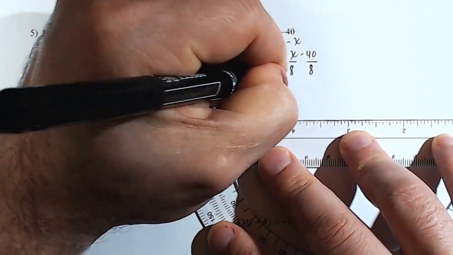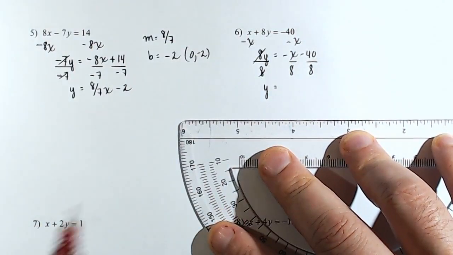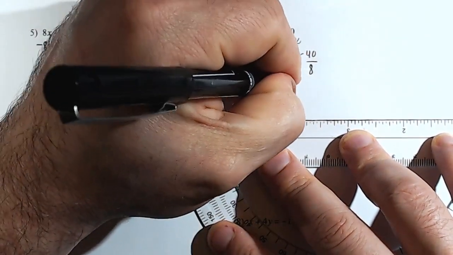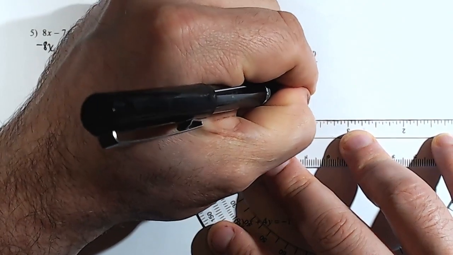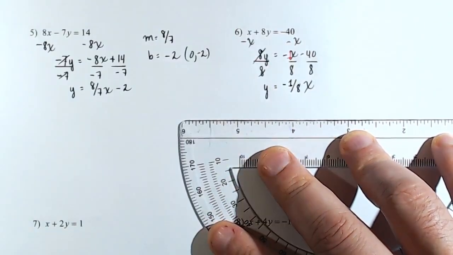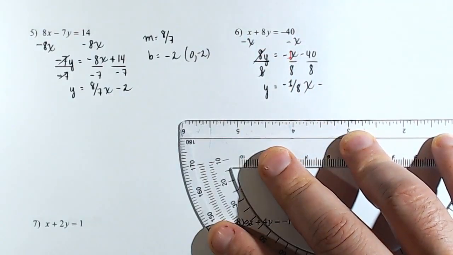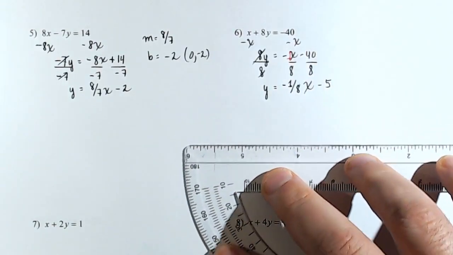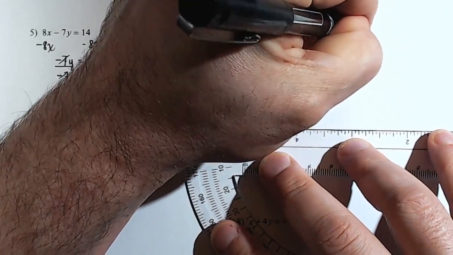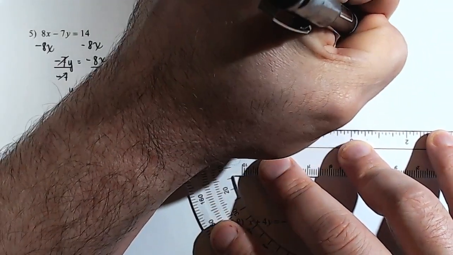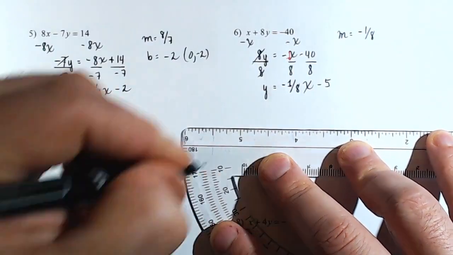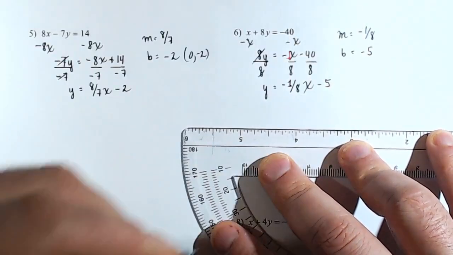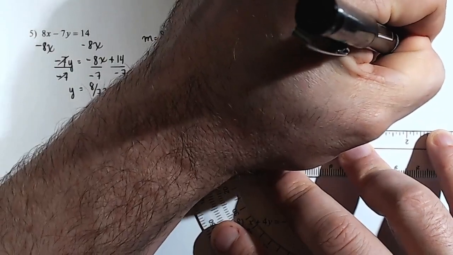And you get y equals, remember there's a negative 1 here, y equals negative 1/8 x minus 40 divided by 8 is 5. So m equals negative 1/8 and b equals negative 5, which can be written as (0, negative 5).